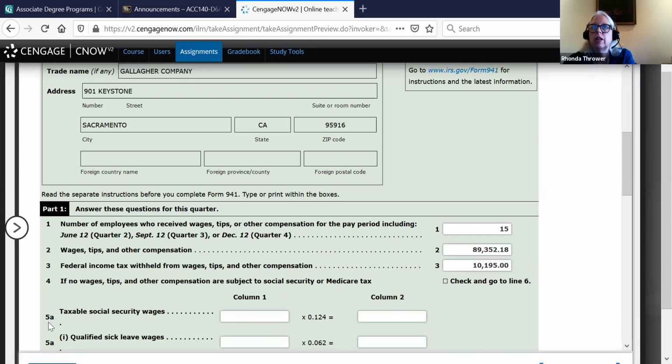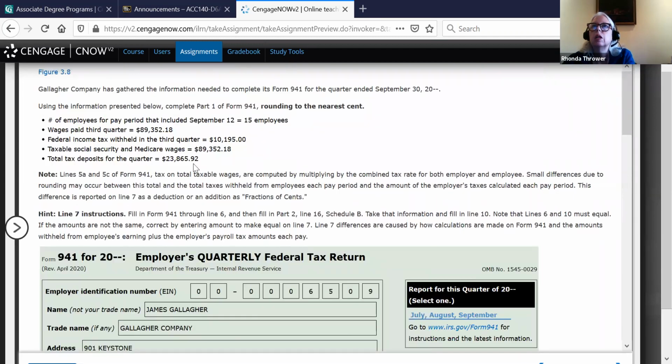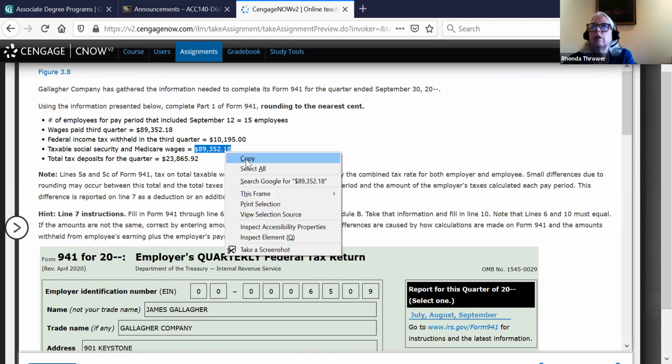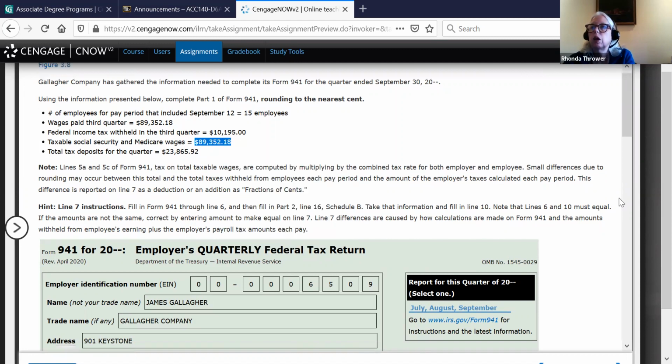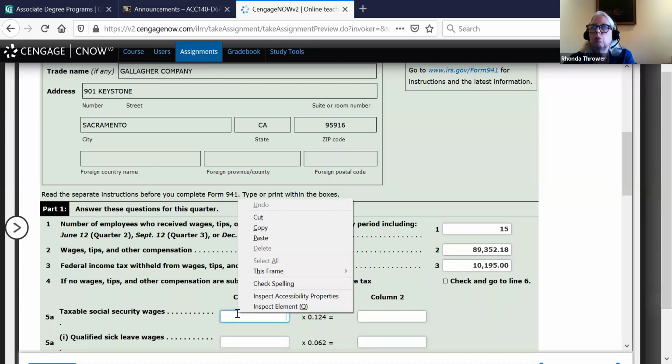So we're going to move to line 5A. The taxable Social Security wages is the same amount that we had in line 2. That was the given amount of $89,352.18. So we'll copy and paste that into column 1.